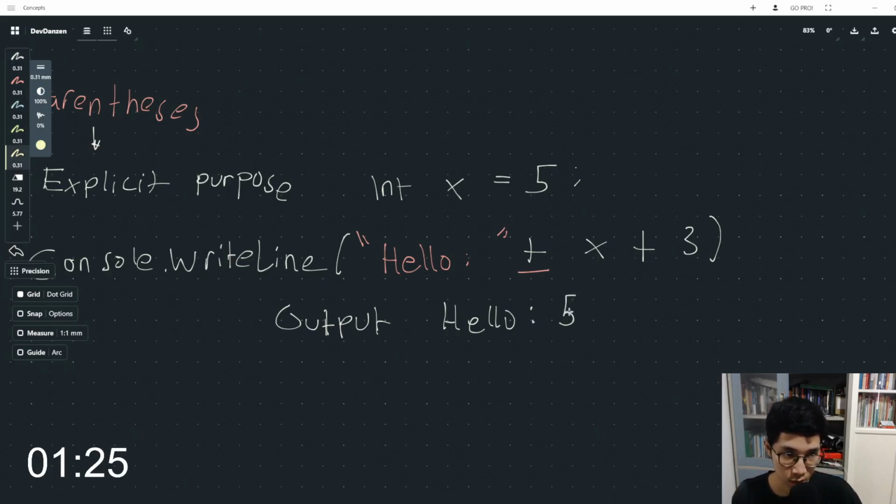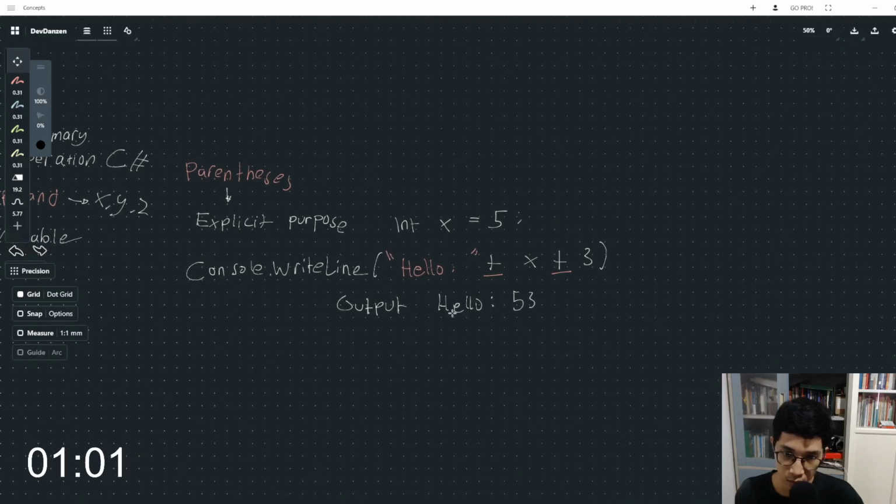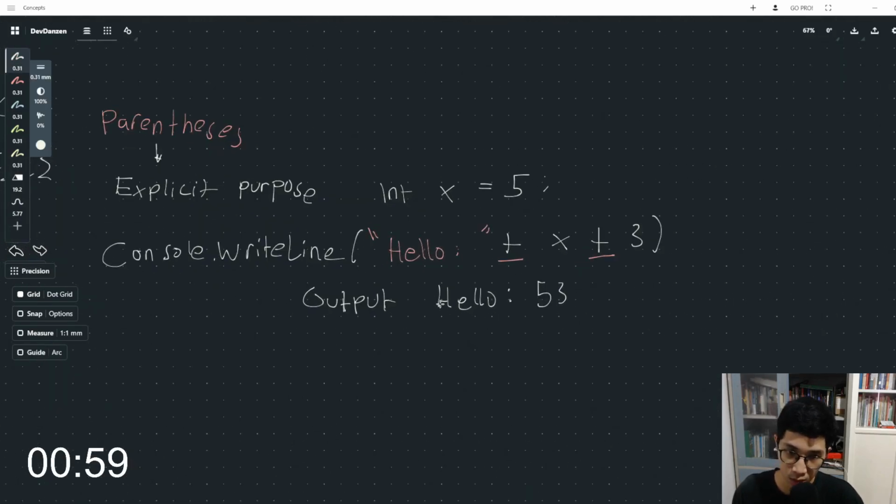The result will become 53, because this is read as concatenation by the compiler. The compiler will treat this as concatenation since there is a string here. Unless you remove that one, the plus will become addition as usual.